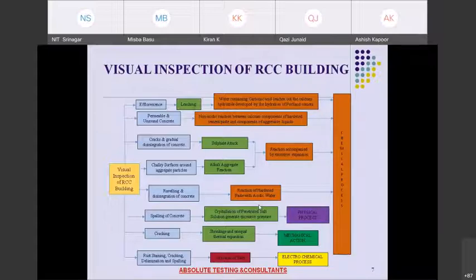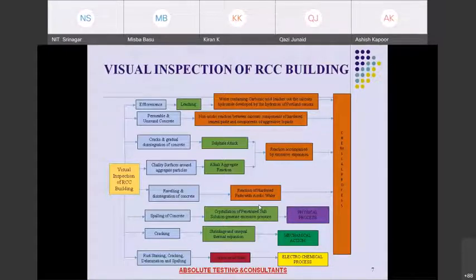So corrosion of steel is the main reason behind the whole problem. When the reinforcement gets corroded, the rust starts depositing over the steel, and the size of the particular steel increases.